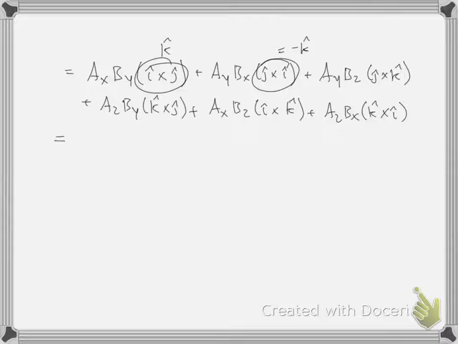So now I'm going to rewrite those two terms into one term, like so. And I'm going to do the same thing for j and k. jk is i. kj is minus i. Let's combine those.